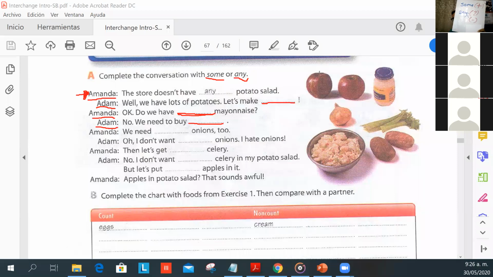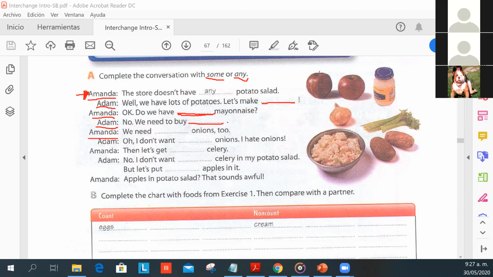Yes, please. But say the full sentence, please. We need to buy some. Okay, yes. We need to buy. Remember pronunciation, buy. Buy some. We need to buy some. Okay, good. Thanks. Let's continue with the next one.